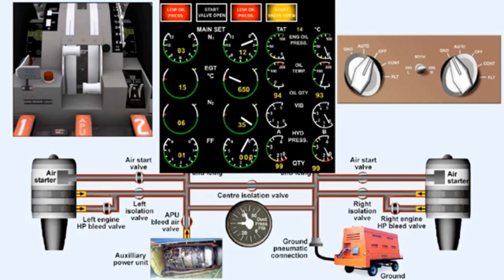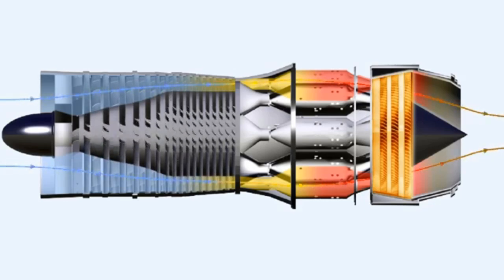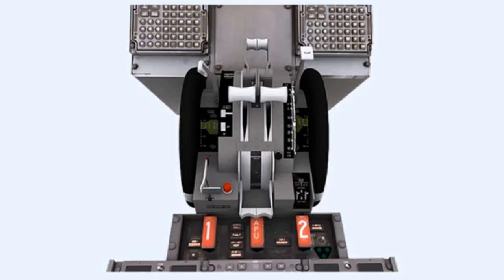If the EGT exceeds the limit by only 1 degree, the engine is to be considered unserviceable. The reasons for a hot start lie almost entirely in having either too much fuel or not enough air to cool the gases through the turbine. A surplus of fuel can be caused by a variety of reasons, such as the throttles either not being set to idle during the pre-flight check or being knocked away from the idle position after the pre-flight check.